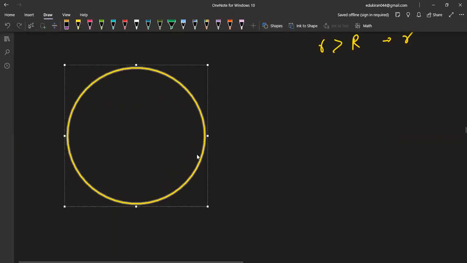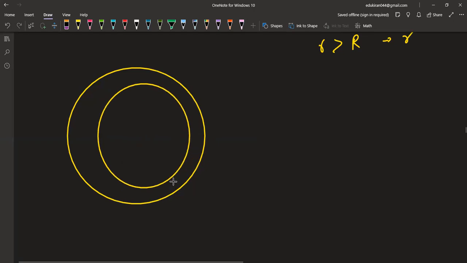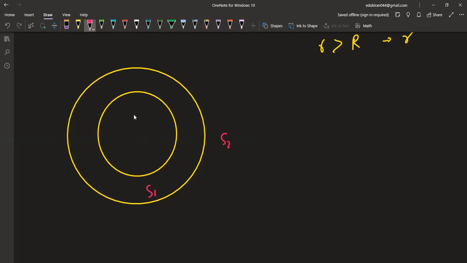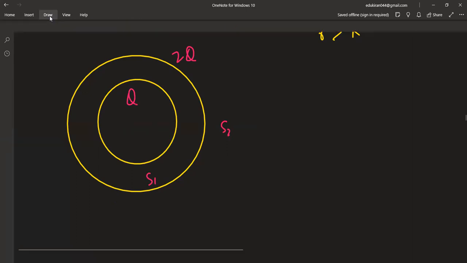This is given. This is S1, this is S2, this is Q, this is 2Q. You have to tell the ratio of electric field.